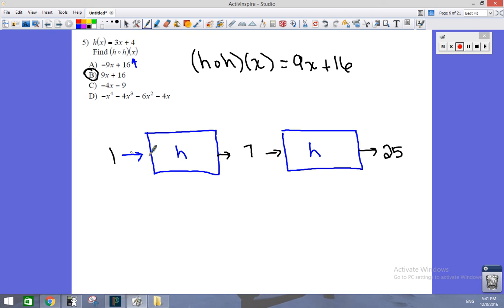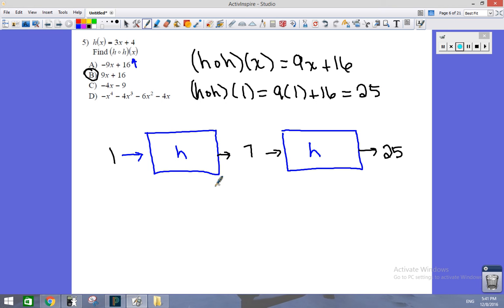Now, what if I just wanted to cut to the chase and say, I know that intermediate number is 7. Hey, when I give it 1, just tell me what the answer is. Don't go through this whole process. Well, I'd say, if you plug in the number 1, then this function composed with itself will be 9 times 1 plus 16, which is 25.